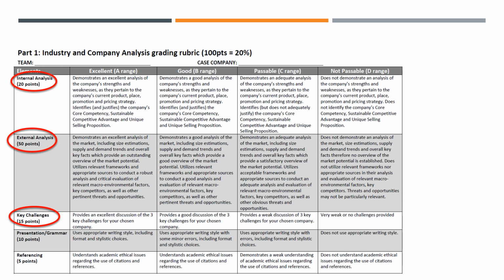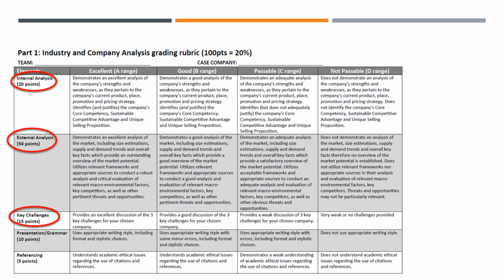So whatever you come up with for the key challenges in part 1 does not need to be set in stone for part 2. However, when we're grading you on the key challenges, we'll obviously look for challenges that make sense given the internal and external analysis you've drawn our attention to.